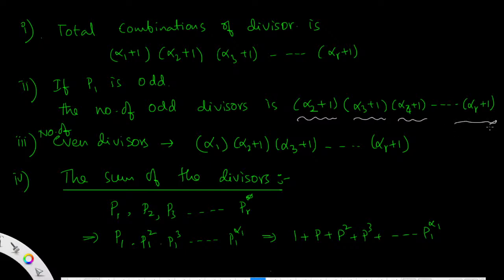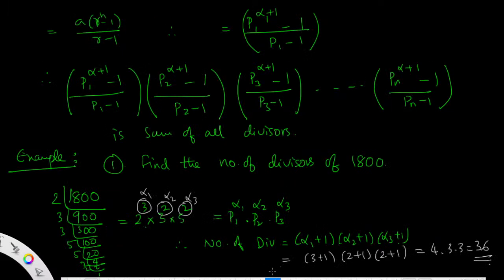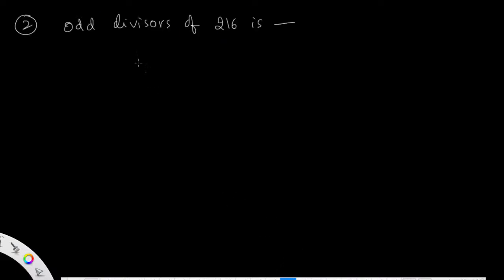Don't take alpha 1. Whatever values we get, don't take alpha 1. What are the factors of 216? We get 2 cube into 3 cube, that is 8 into 27.